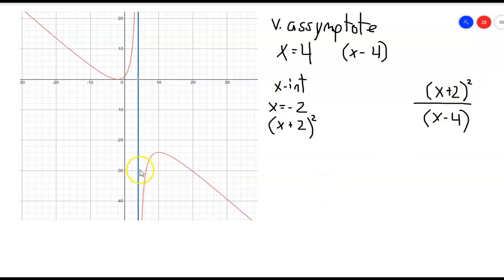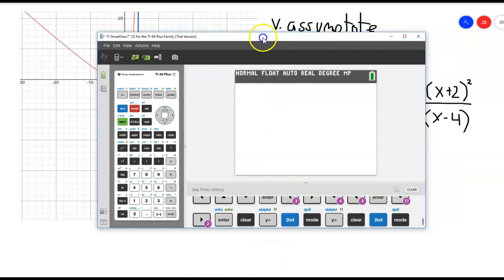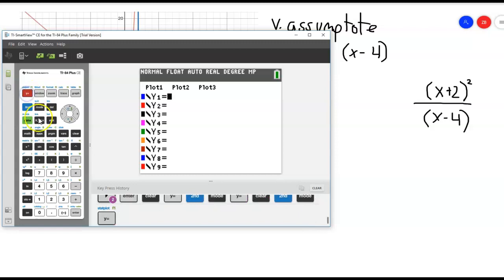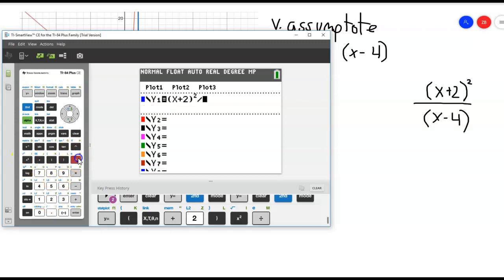And at this point, I want to check my graph to see how I'm looking. So I'm going to pull up my graph here and go to y equals. On the top, we have x plus 2 quantity squared, and this is going to be divided by, on the bottom, x minus 4.